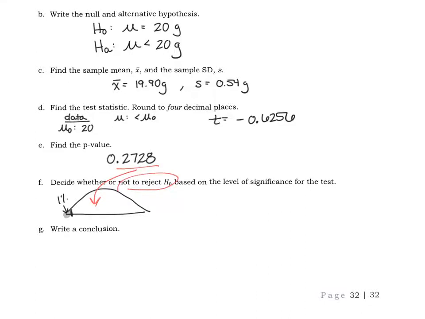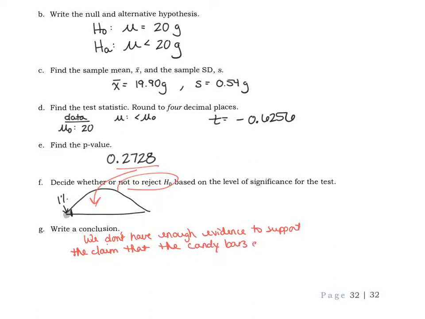And so our conclusion will be that we don't have enough evidence to support the claim that the candy bars are underweight. Or again, however it is that you would like to say that, that they weigh less than 20 grams or whatever.